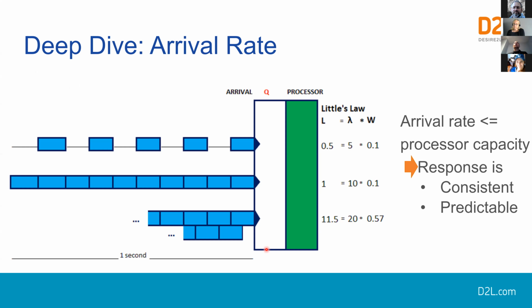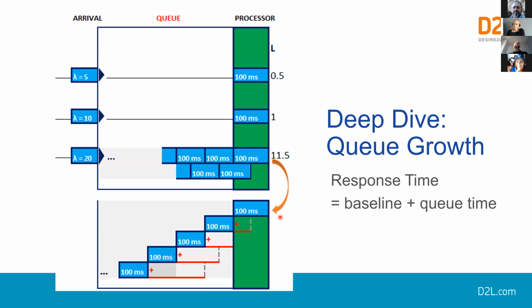So let's keep our eyes on the white area. Here on top, we are showing the arrival rate from scenario number 1 and number 2. In both cases, the requests go directly over the processor and are processed right away.